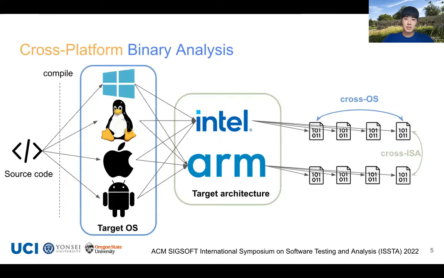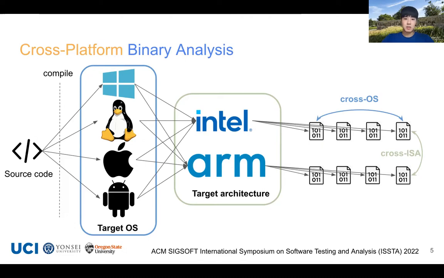However, in some cases, we want to analyze binaries in a cross-platform setting where the same binary is compiled for different operating systems or different architectures. Therefore, in this case, we should deal with the binary code that has the same semantics but different platform-specific syntax.